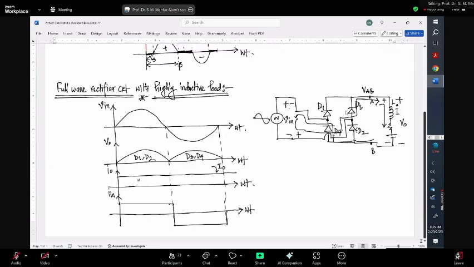Can you realize what is happening here because of the inductive load, highly inductive load? Any question regarding this?